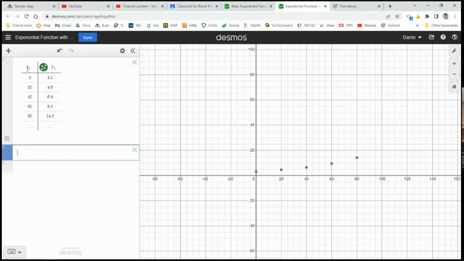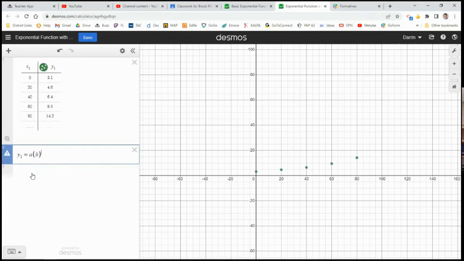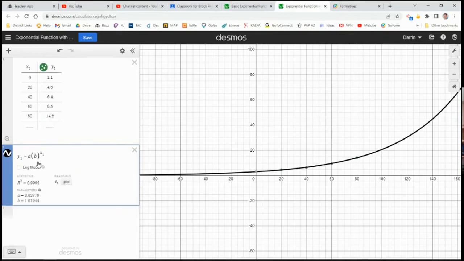Exponential model, so we've got to use the y1 and the x1 so we can use this table's data. Exponential model is y1. Remember, we'd normally say equals a times b to the power of x, but x1. But if we want it to do the line of best fit, we have to use that tilde, which is up in the corner of your keyboard. And there, see, it made the line of best fit, and it goes right through those points.